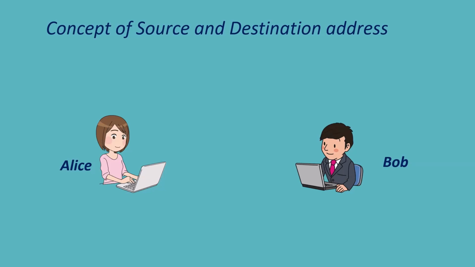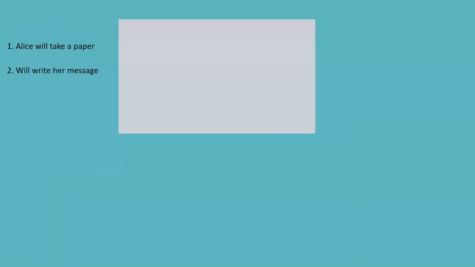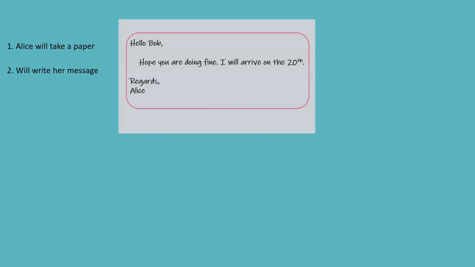So suppose, again, we have the user Alice and Bob, and suppose Alice wants to send a letter to Bob. Okay, so she would take a paper, write a message on it, right? Hello, Bob. I hope you are doing fine. I'll arrive on the 20th. Regards, Alice. So this is what she puts in the letter.